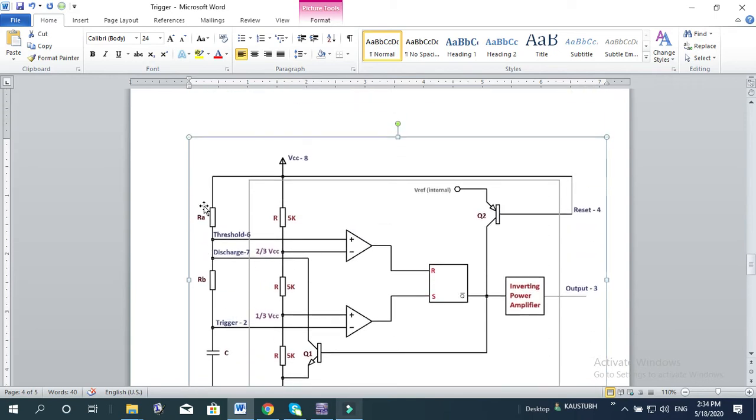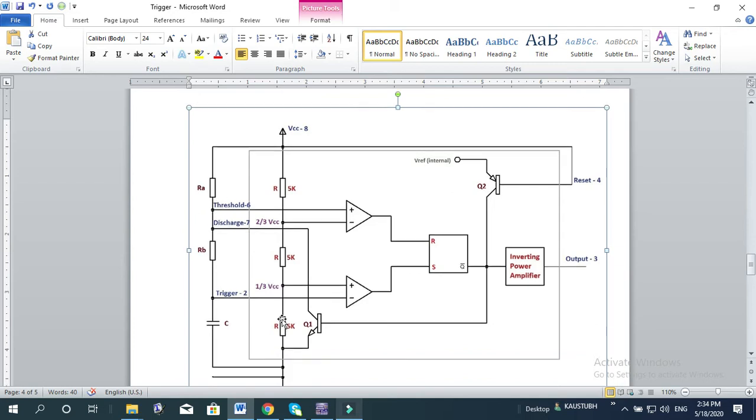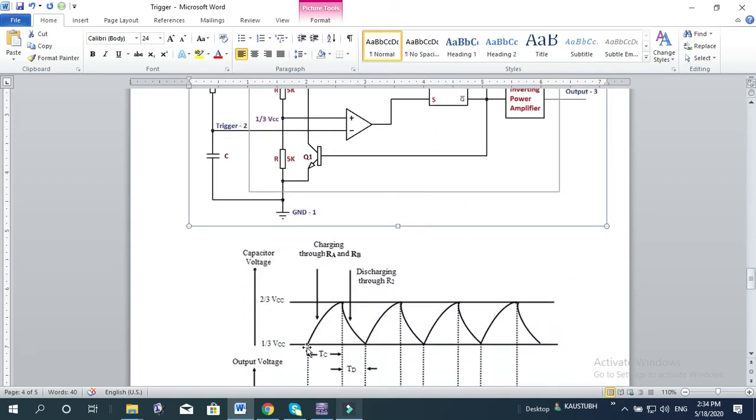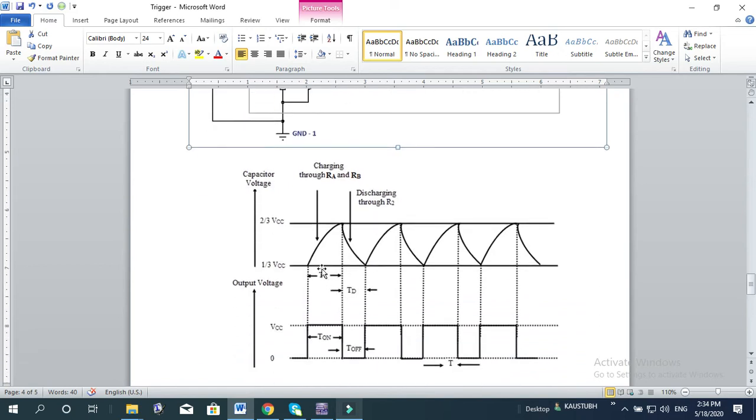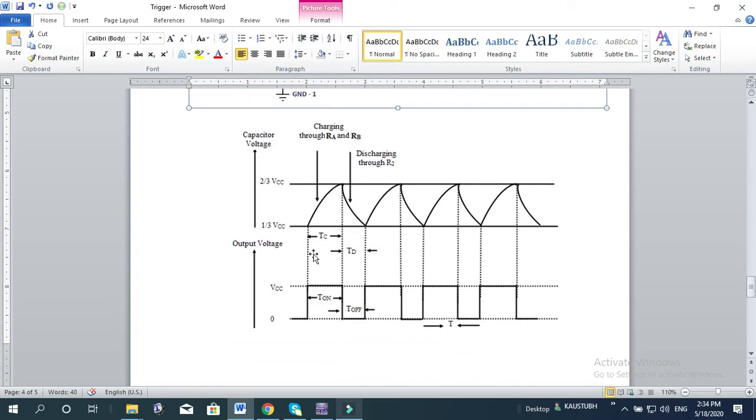Up to 2/3 of the VCC it gets charged. Suppose this is your 2/3 of the VCC. During this charging time, the output will be high.